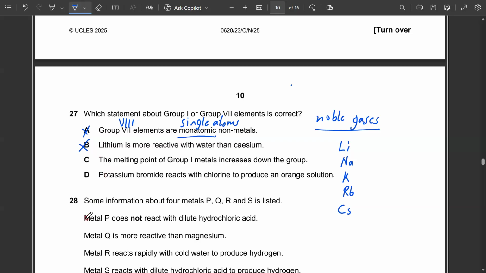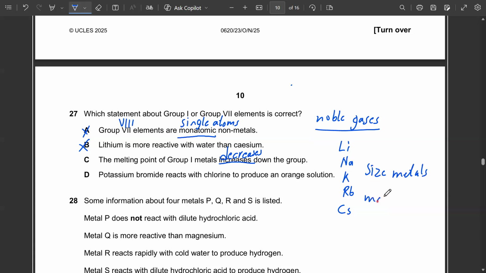Then C, the melting point of group 1 metals increases down the group. The melting point does not increase, rather it decreases down the group, and the reason is the increased size of the metals. As you move down the group, the size of metals increases, which reduces the strength of the metallic bond.